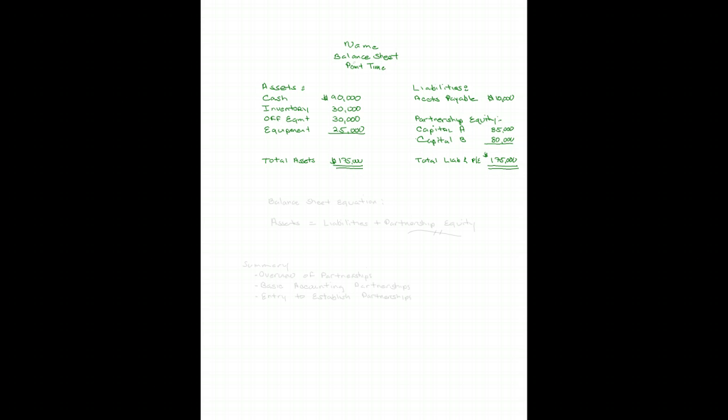Notice that the balance sheet is just a balance sheet with all the assets combined totaling $175,000, the liabilities of $10,000, and there's a category called partnership equity now instead of owner's equity. And the total liabilities and partnership equity, I had to abbreviate that a little, equals the total assets.